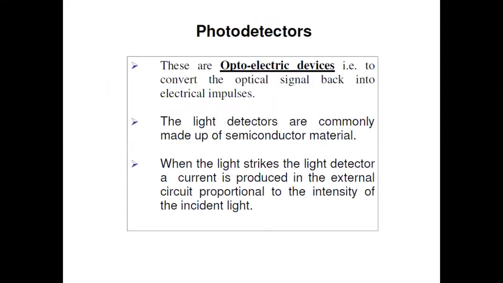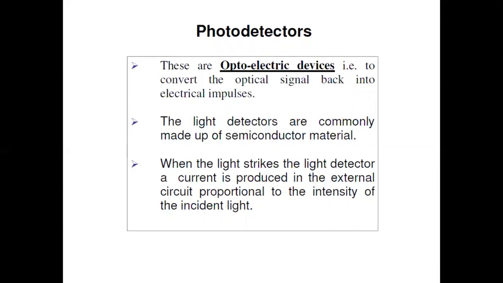So basically, photodetectors are optoelectronic devices that convert the optical signal back into an electrical impulse. Light detectors are commonly made of semiconductor material. When light strikes the detector, a current is produced in the external circuit proportional to the intensity of the incident light.